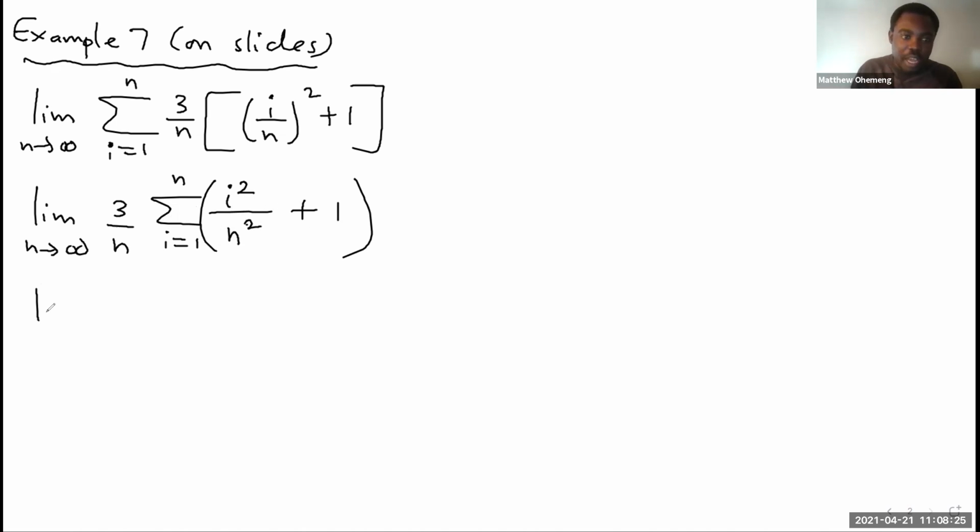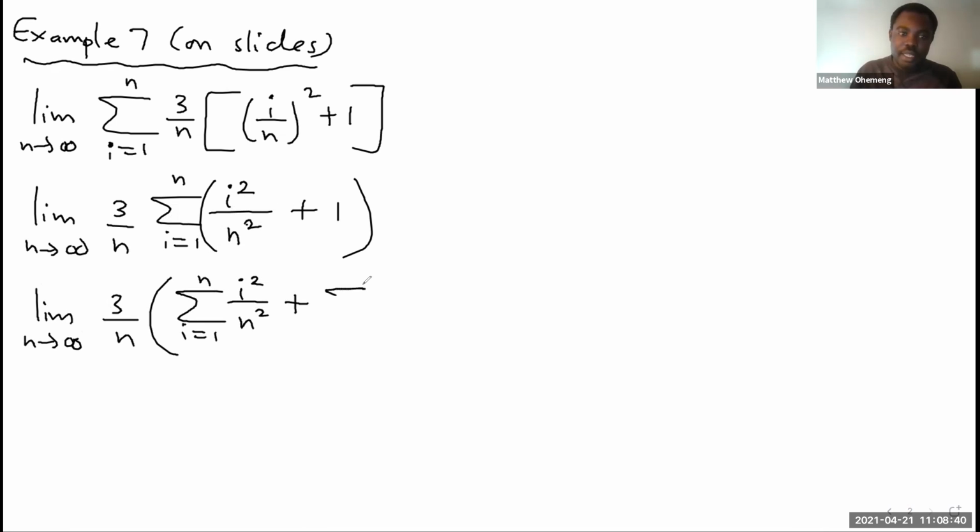So that would just be, I have the limit as n approaches infinity, and I have 3 over n, and then this will be sigma. So let me put this in parentheses. Sigma i from 1 to n, and then I have i squared over n squared, and then plus sigma i from 1 to n of 1, right?